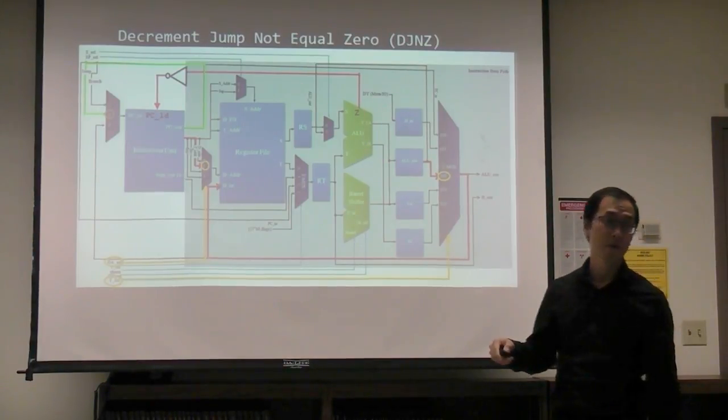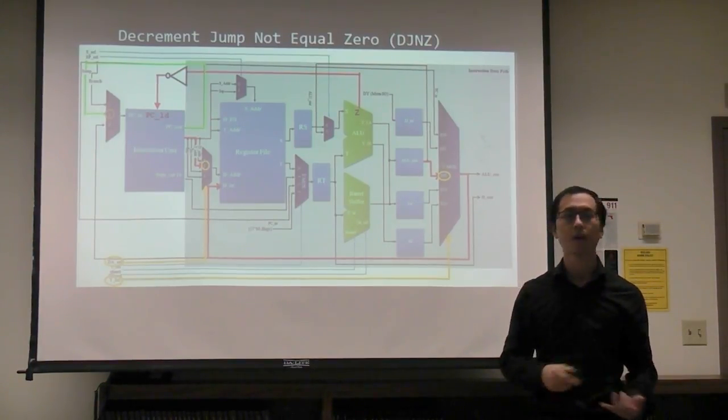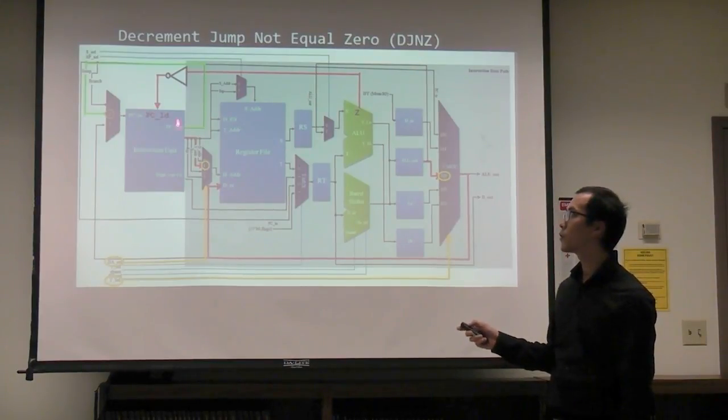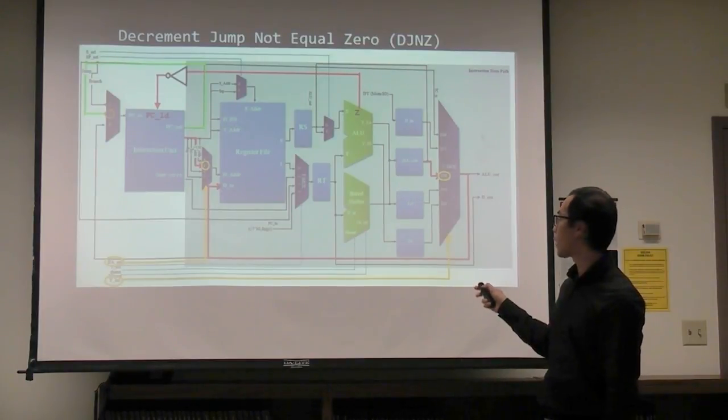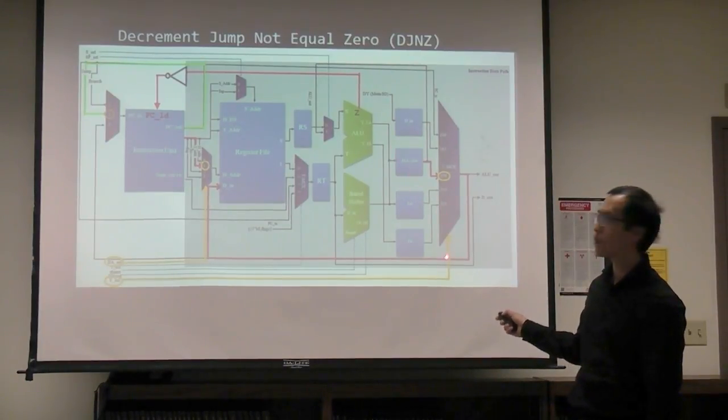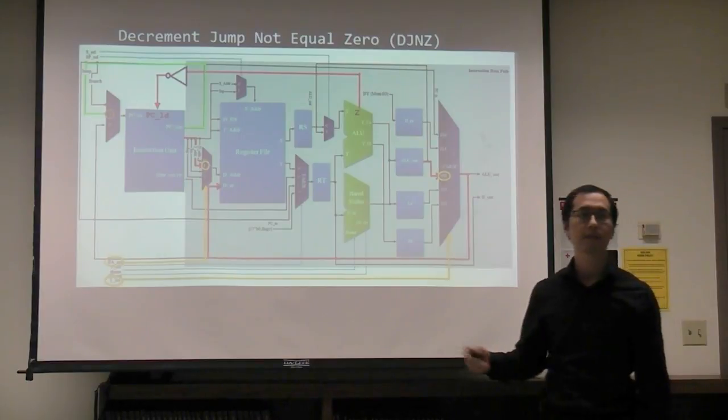If it's not 0, if that RS, the loop counter or whatever, is not 0, we're going to branch to some address. And in the meantime, we save that decremented number into the register file in the same place.